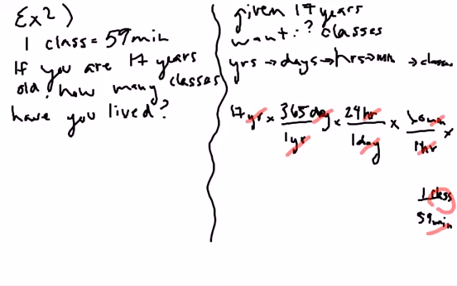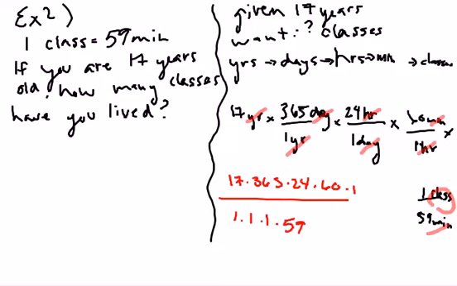So just to simplify that for the math part, you're just going to be multiplying 17 times 365 times 24 times 60 divided by 1 times 1 times 1 times 59. Plug that in your calculator, and you get 151,444 classes.